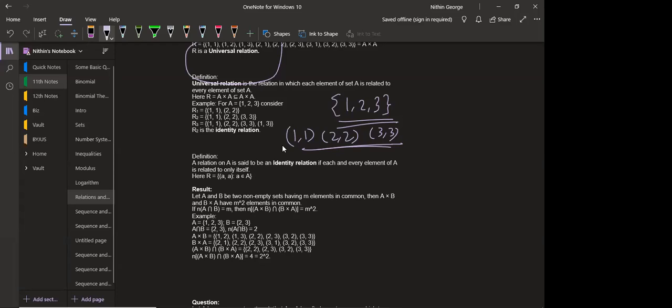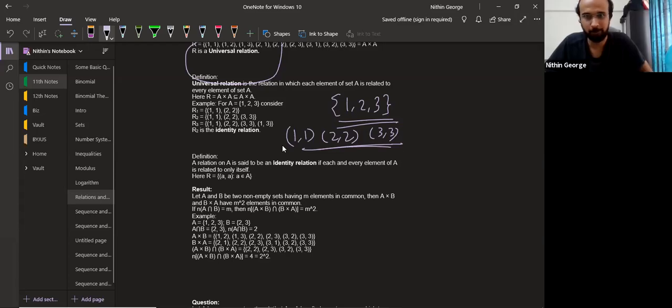R1 has (1,1), (2,2). And sir, R3 is also an identity relation. No, it's not. That's the part where I confused you. R3 is not an identity relation. It's not that (1,1), (2,2), (3,3) should be there and anything else can be there.